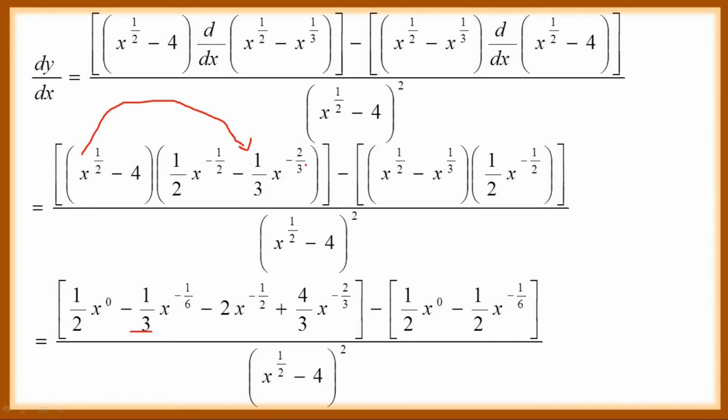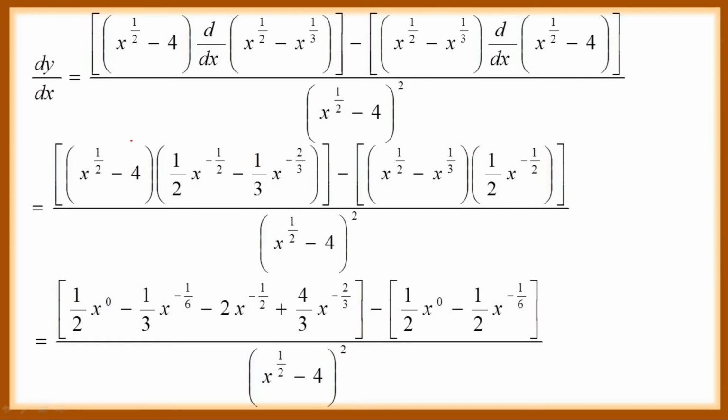Their LCD is 6. This will become 3 over 6. This will become 4 over 6. 3 over 6 plus negative 4 over 6, that is negative 1 over 6.